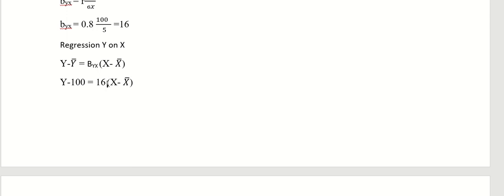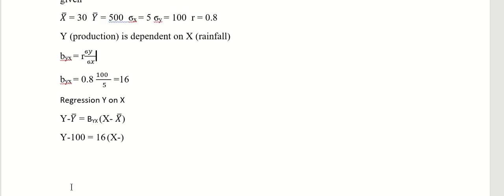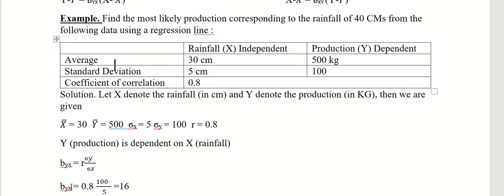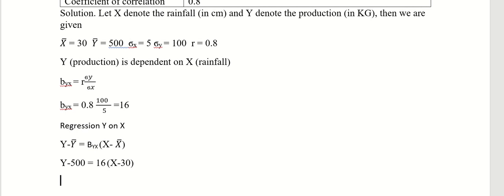So here I am writing 16 times x minus the mean of x, the average rain, which is 30. Right? Now we will just solve it.